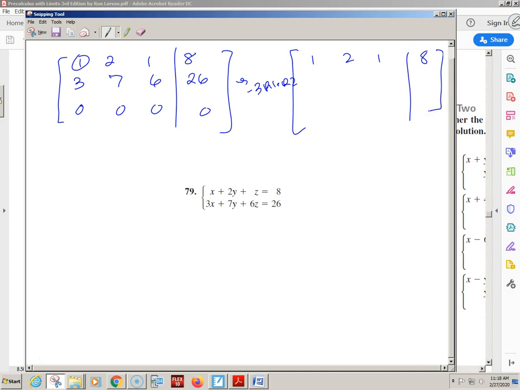Eventually, we are going to have to deal with this and let z equal a, because we're not going to have our z, which is a bummer. But that doesn't mean that I can't put the rest of it in the right form. So if I do negative 3 plus 3, that's 0. Negative 6 plus 7 is 1. Negative 3 plus 6 is 3. And negative 24 plus 26 is 2.